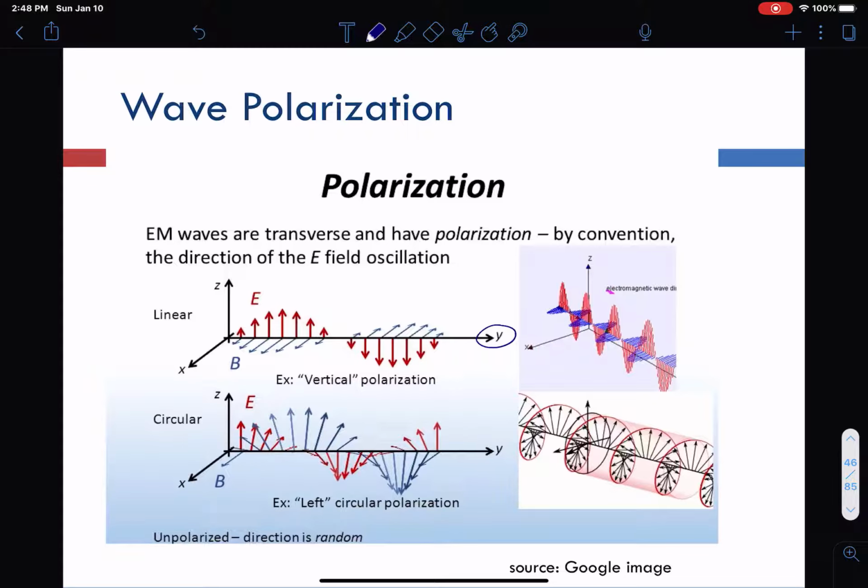If you look at this figure and this figure over here, it shows a little more clearly how this one is propagating going up and down in a sinusoidal fashion, and this one is circulating around the axis of propagation. Now look at the tip of the vector, for example the E over here, and also this E over here.